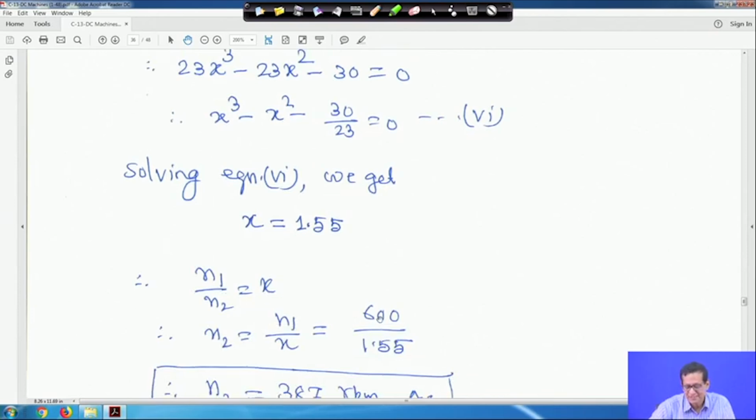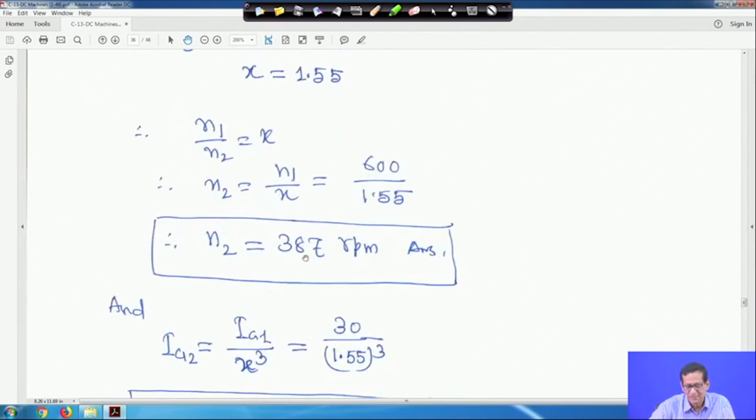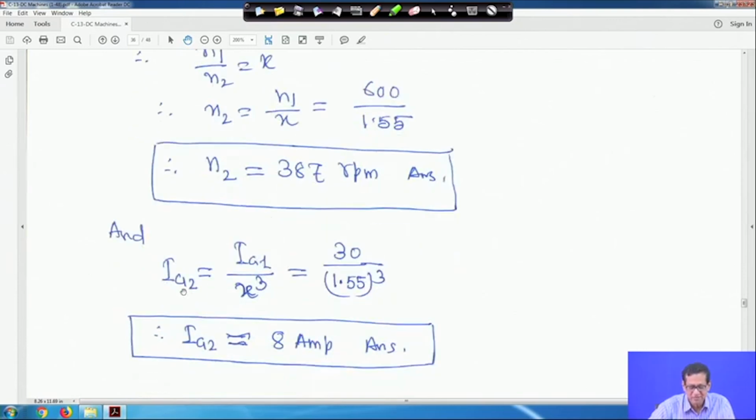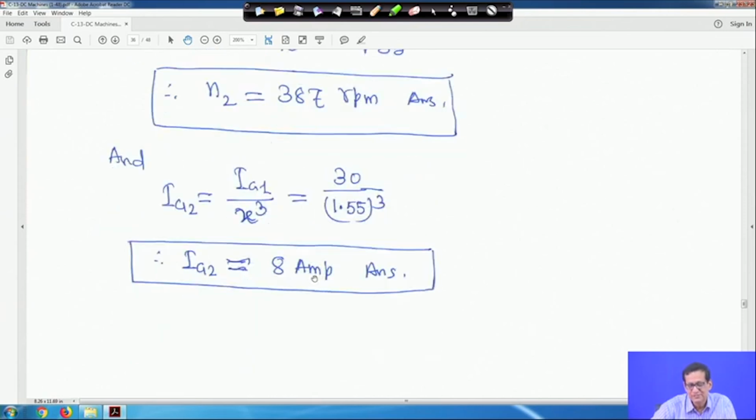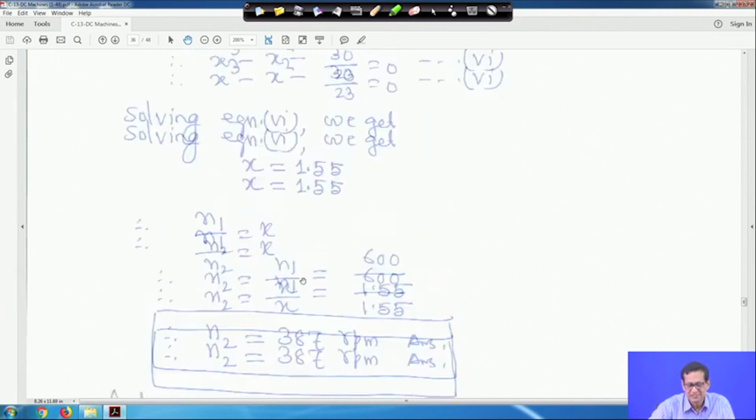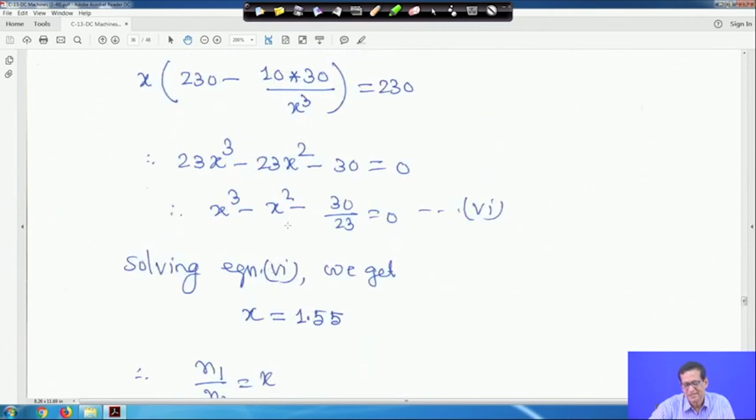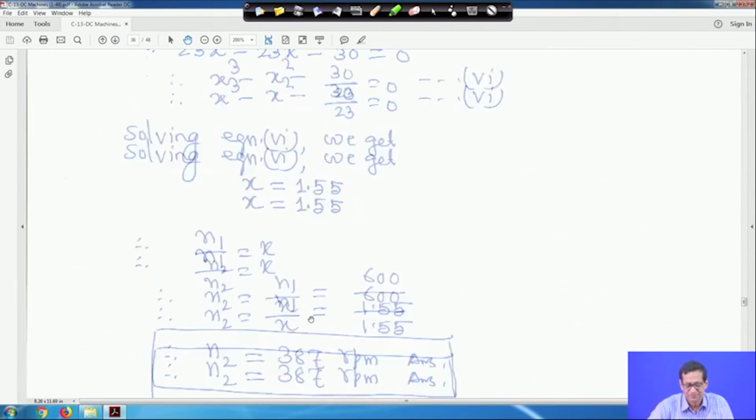N1 is 600 rpm and x is 1.55, so N2 will be 387 rpm. This is the answer for N2, and we have IA2 is equal to IA1 upon x cube, so 30 upon 1.55 cube, IA2 will be approximately 8 ampere. This equation needs a little trial and error from your intuition, so that you get a reasonable, approximate value.